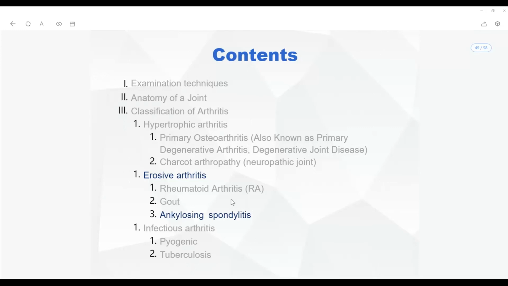Most of the clinical questions will come only on this, because osteoarthritis can be diagnosed from the knee, which happens in the bigger joints. Rheumatoid arthritis is going to happen in the proximal interphalangeal joints. Gout is going to happen along the metatarsal, right?